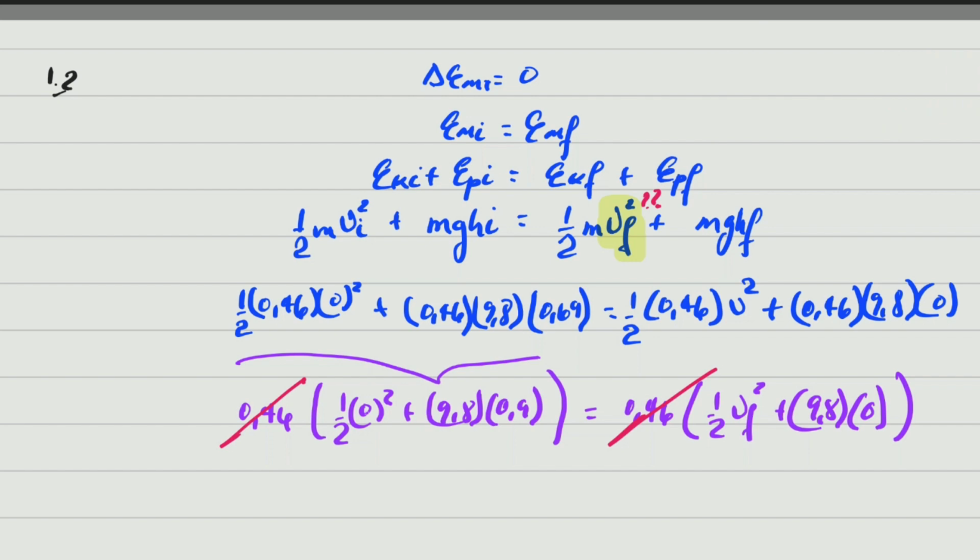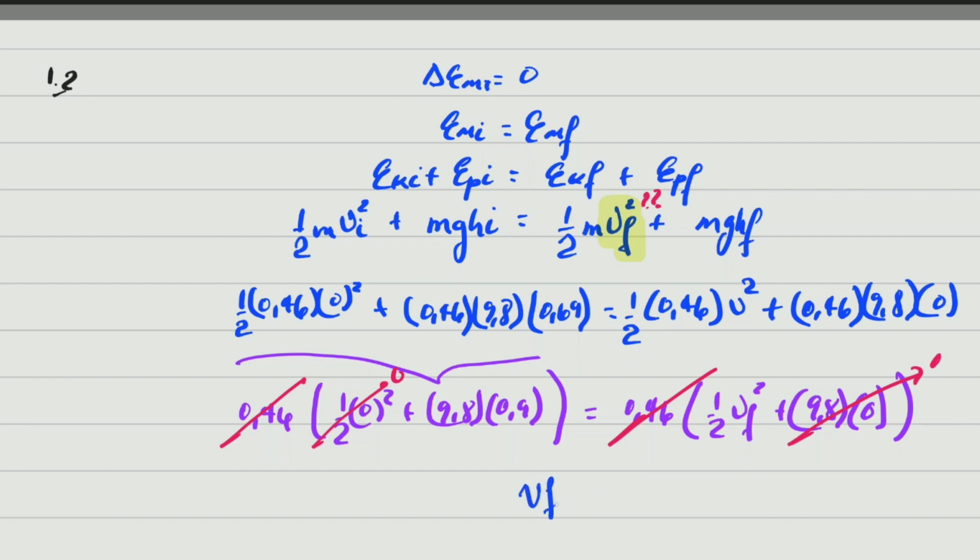Okay, anyway, now if you see there, this one is multiplied by 0, and this one is multiplied by 0 there. So the final answer for this final velocity would be 3.68.